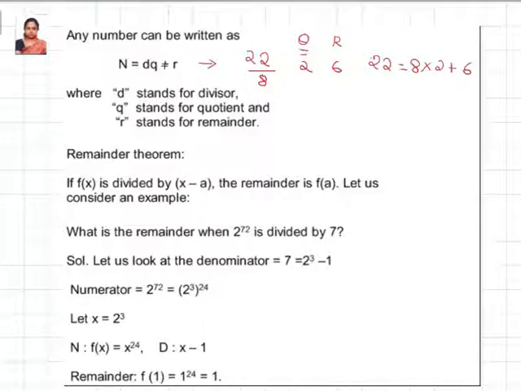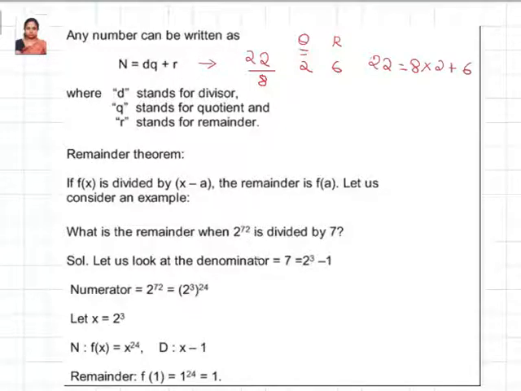If it is 0 after you substitute x equal to a, then we call that x minus a a factor of the equation given in f of x. We are going to use this function for finding the remainder in a number.